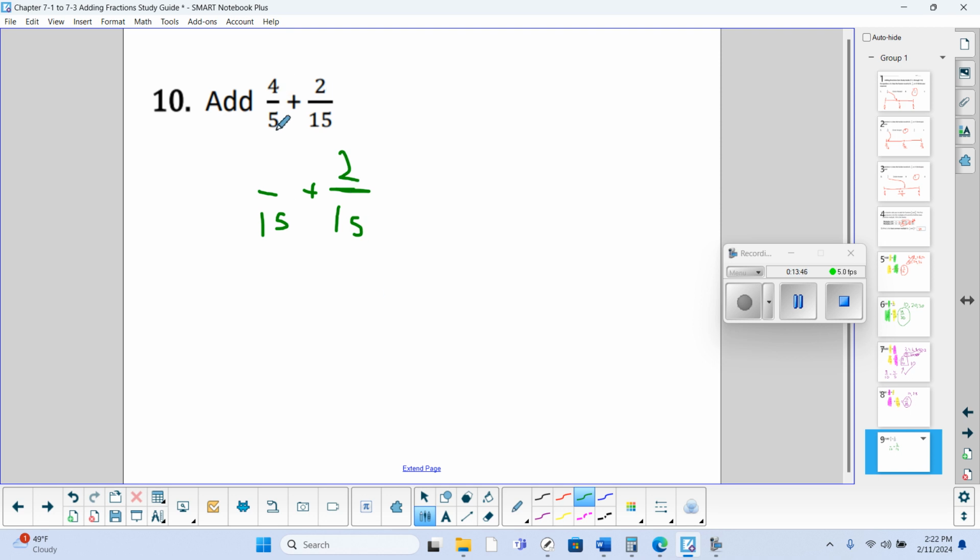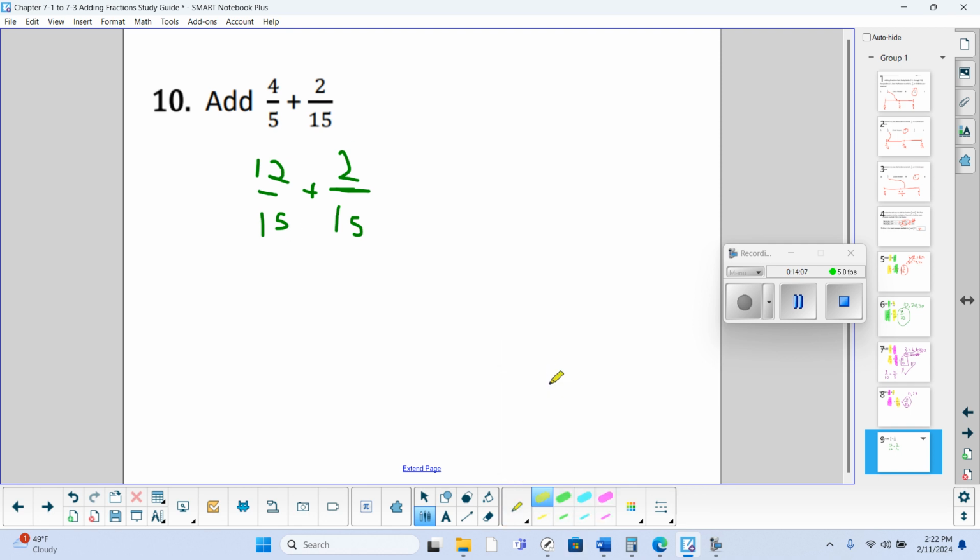Now 4/5 is going to be what out of 15? Well, 5 times 3 gives me my denominator of 15. So if I triple the denominator, I have to triple the numerator. So 4 times 3 is 12. So we have 12/15 plus 2/15.